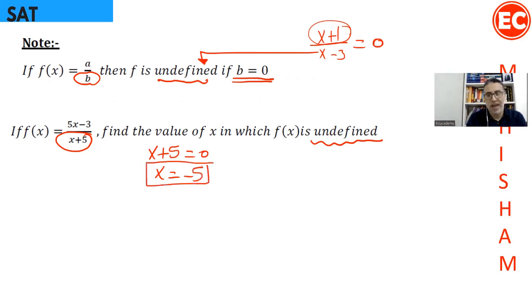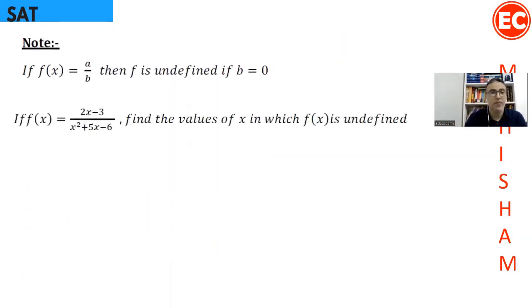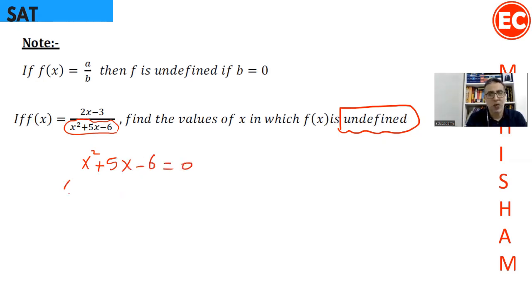So notice that if you are working with any fractional function, the denominator shouldn't be equal to 0. Another example, if f of x is equal to x minus 3 over x squared plus 5x minus 6, and I wanted to find the values of x which make this function undefined. So I am looking for the values which make x squared plus 5x minus 6 equal to 0. How can I solve this quadratic equation?